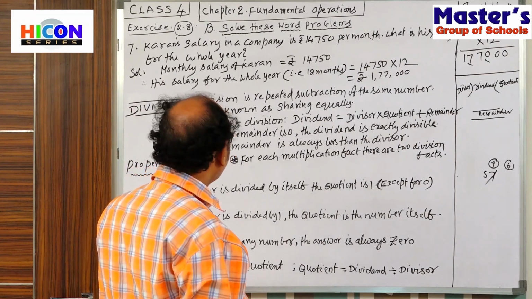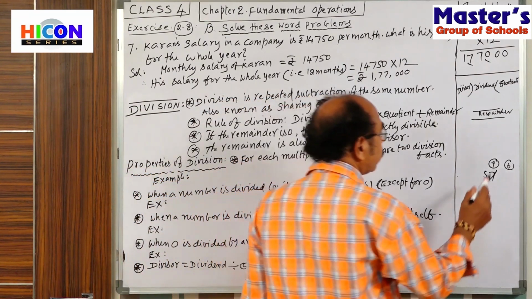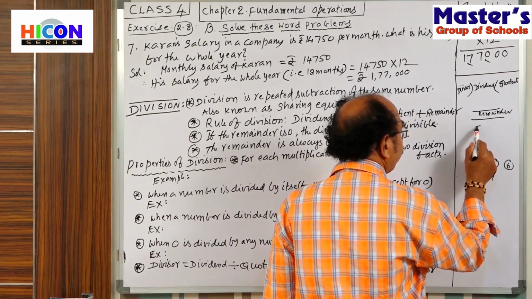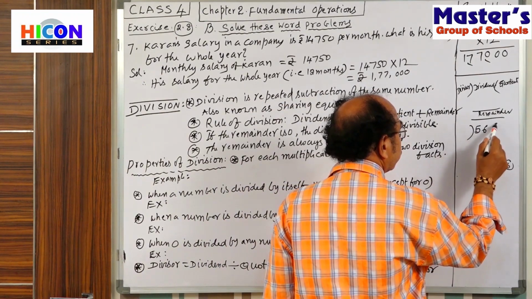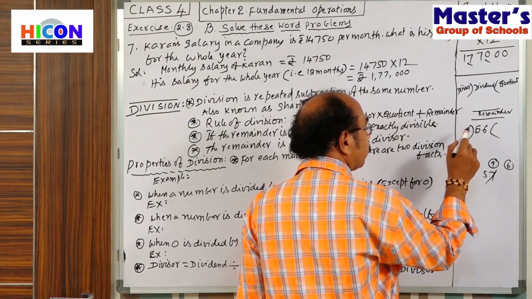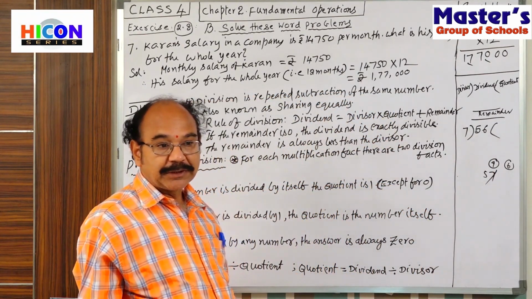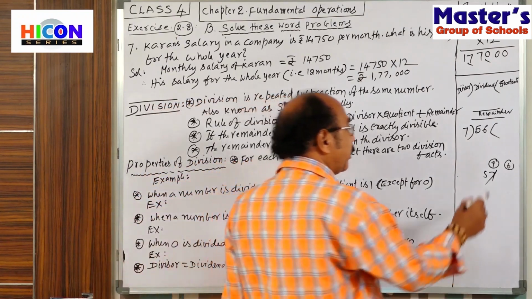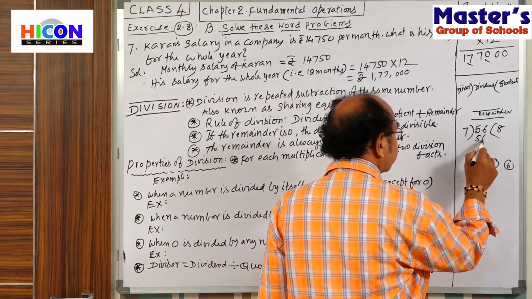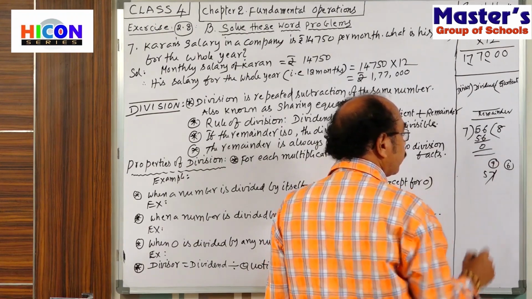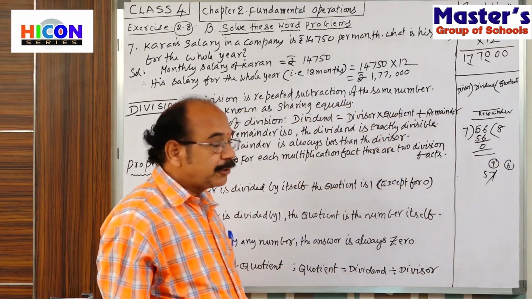Okay children, here for example you see, 56 is to be divided by suppose 7. How many times? 8 times. 7 8s are 56. Remainder is 0.